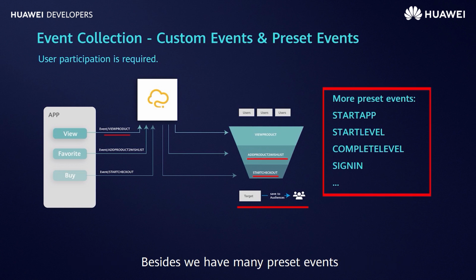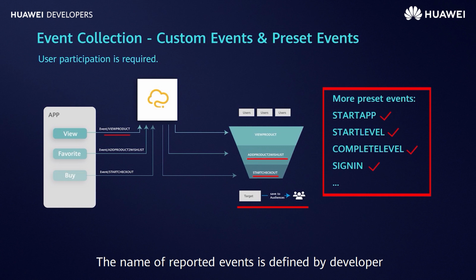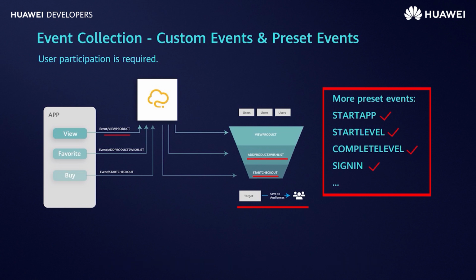Besides, we have many preset events. For example, app-relevant start app, level-relevant start level and complete level, and account-relevant signing, etc. The difference between self-defined events and preset events is that the name of reported events is defined by the developer.